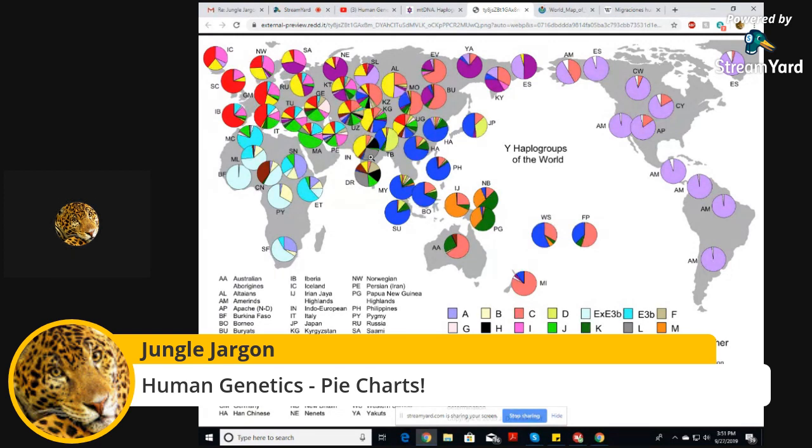You can see here, the point being that everyone is represented in this middle section, which is basically where the ark landed.